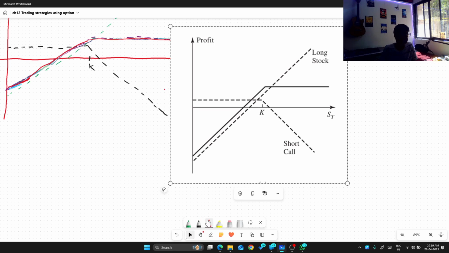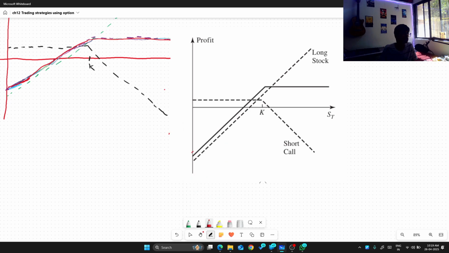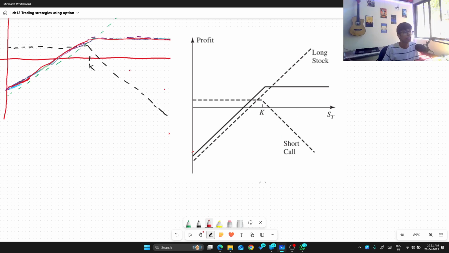The straight line is the payoff of our portfolio, and this is used to hedge our risk for increase in price, right? So you can see the short call here and our long stock here.